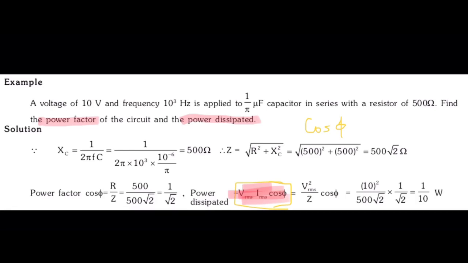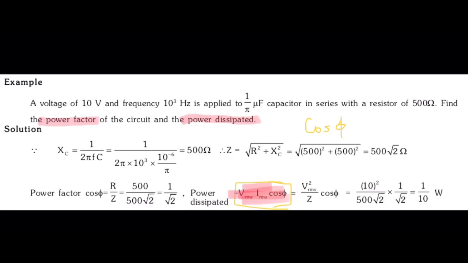But the machine or the electrical loads will not use reactive power or dissipate reactive power. In electrical and electronics, load will use active power, and that's why we are focusing on Vrms Irms cos phi. Now the question is to calculate the power factor and the power dissipated.